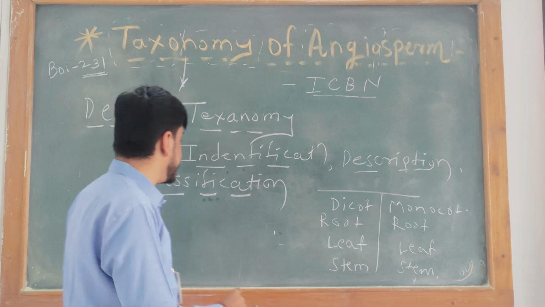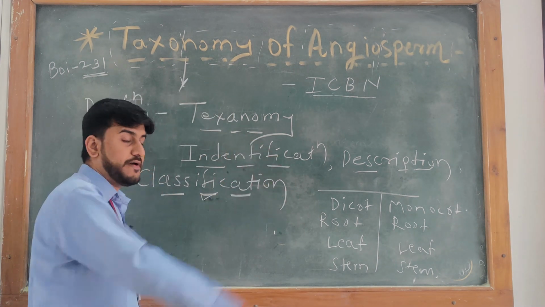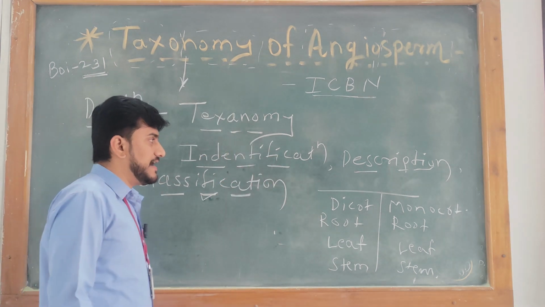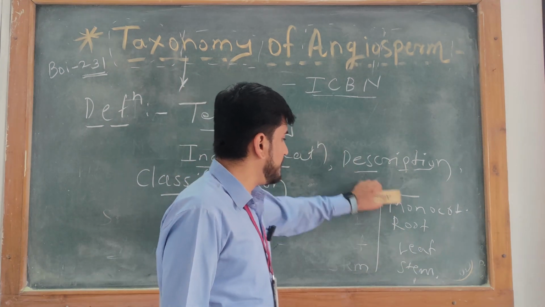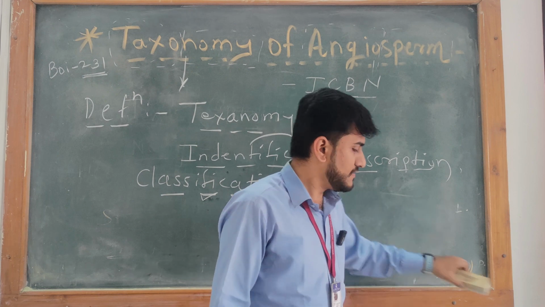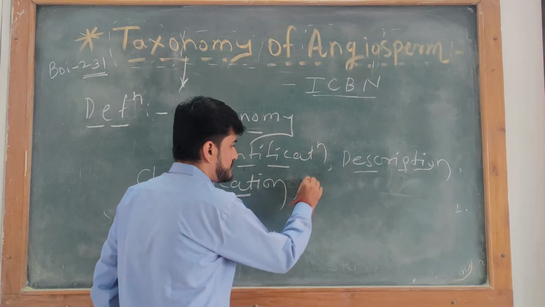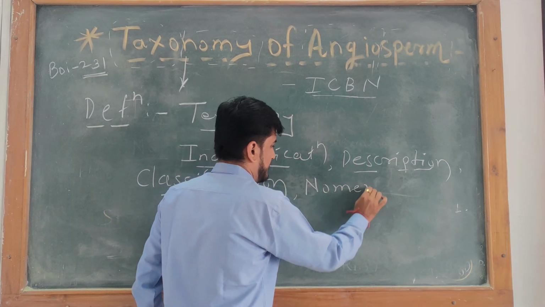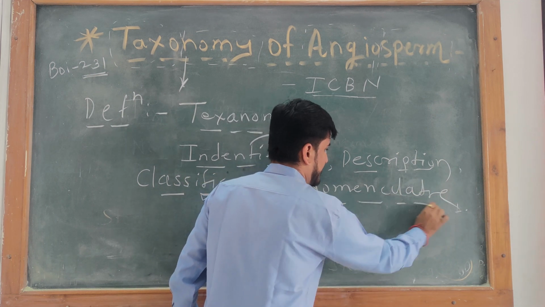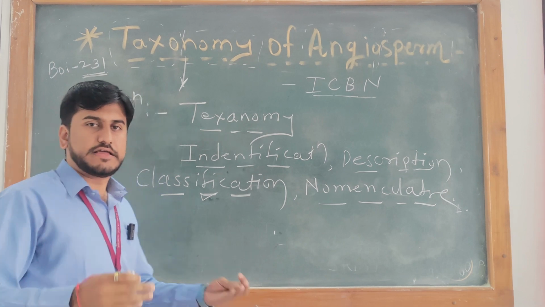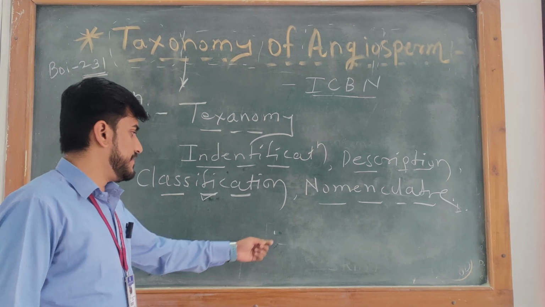So classification is also a most important part of taxonomy. And the last one is nomenclature. Nomenclature means giving the specific name to a particular plant.